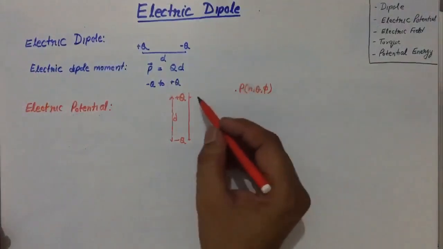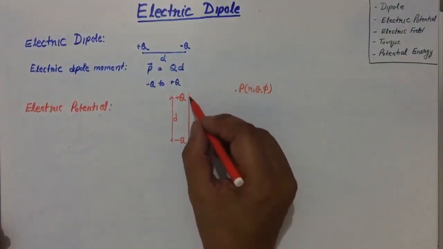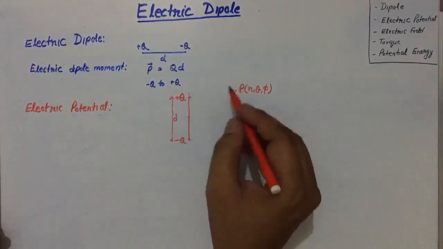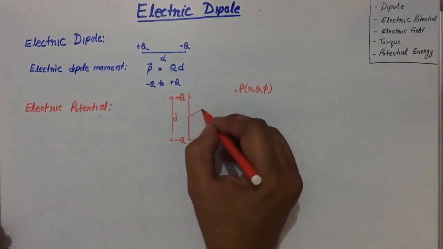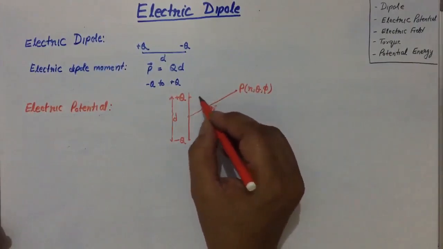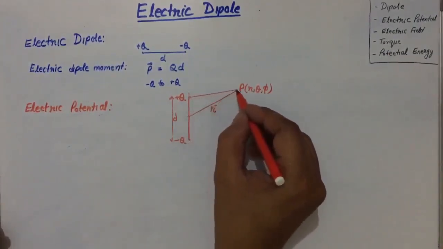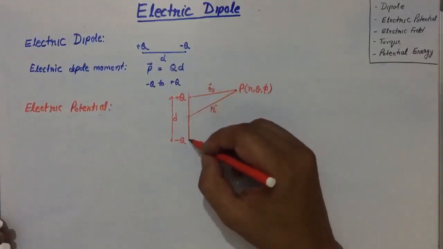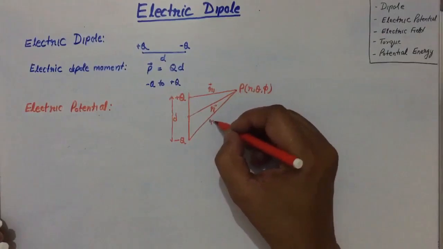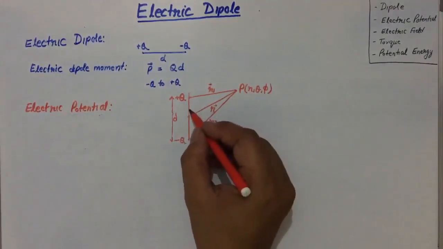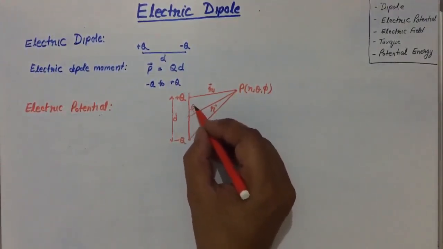then for this purpose, what we can do is mark the middle of this. The position vector of this point is r, and the position vector of this point from the positive charge is r1, and from the negative charge it is r2, and consider this angle as theta.